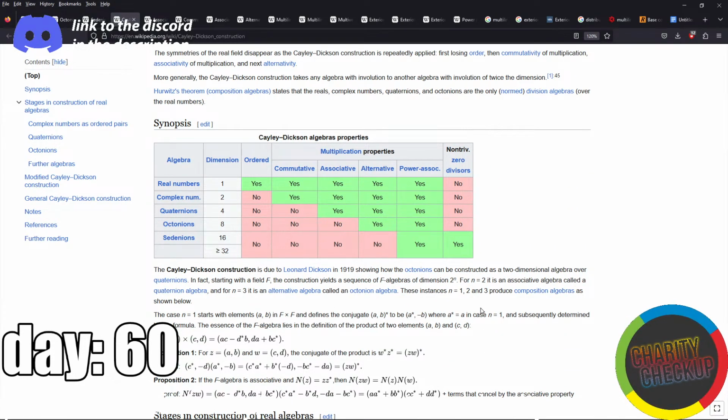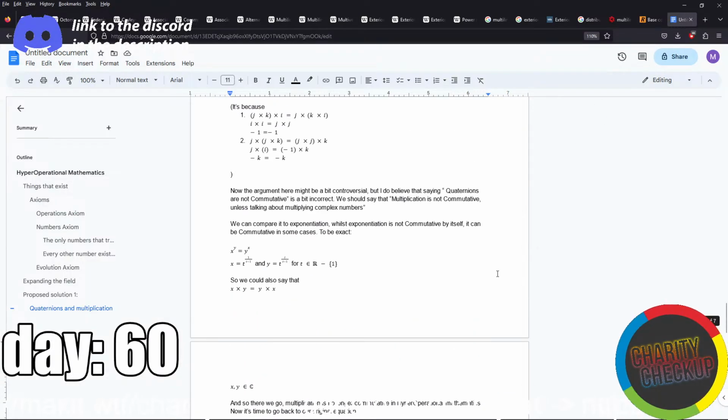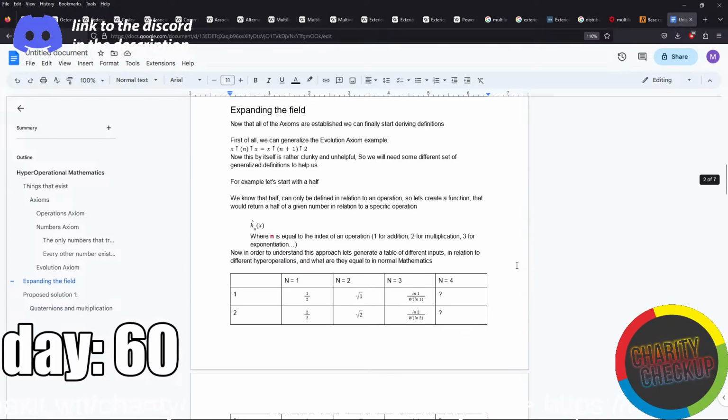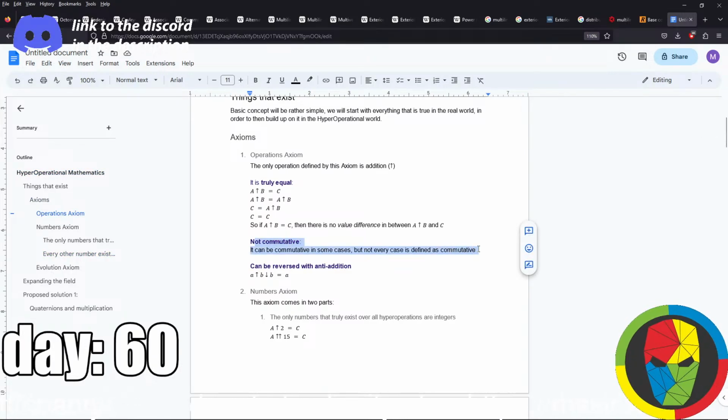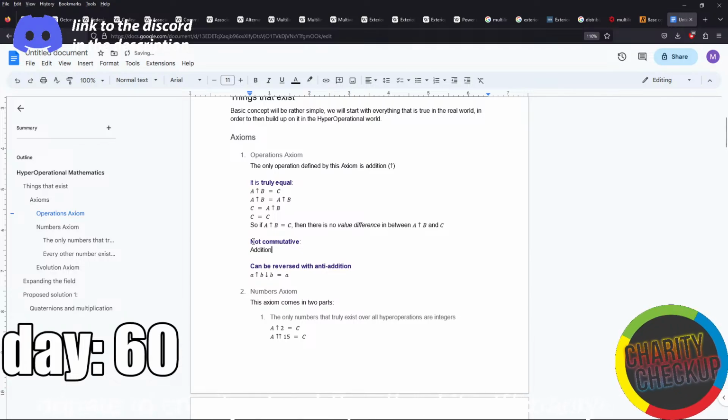This is exciting because what that means is that not being commutative as an axiom works. It is by definition not commutative. So addition is not commutative.